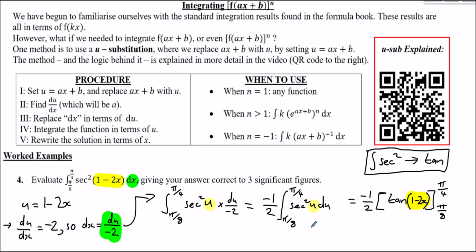So if we put these limits in now, we've got minus a half, tan of 1 minus 2 lots of a quarter pi, which is going to be a half of a pi. Then minus the lower limit. So then it's going to be 1 minus 2 lots of an eighth of a pi. 2 lots of an eighth is a quarter, so it's going to be minus a quarter pi.